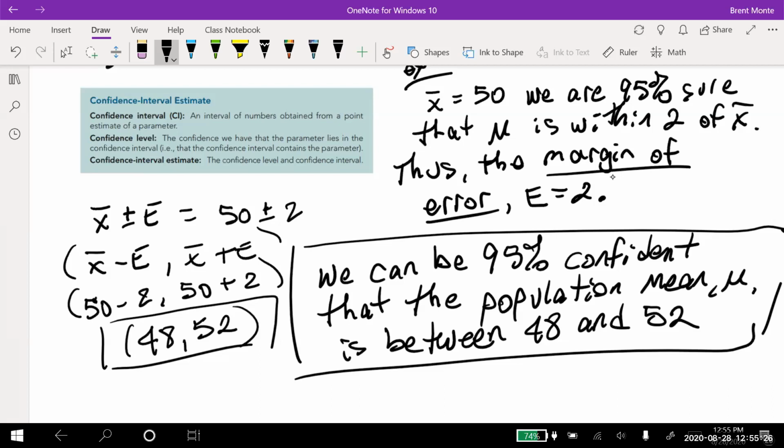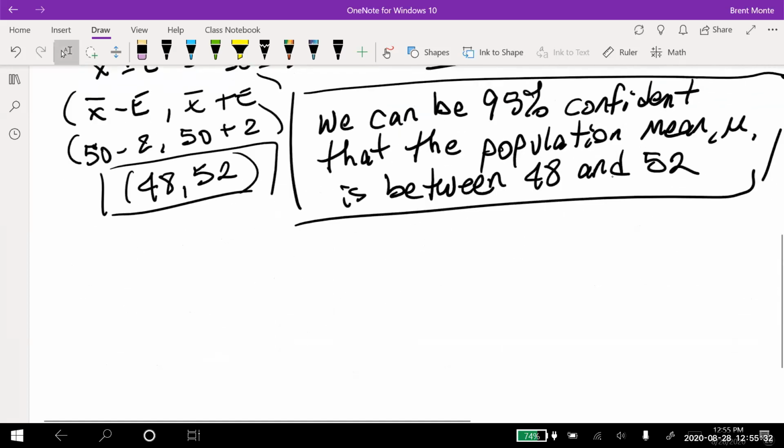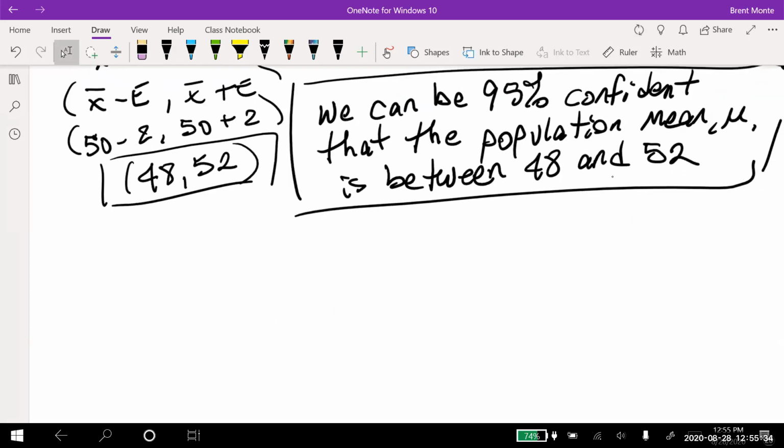Now, let's go from there. There is something I want to show in this that we're going to use a little bit later. Notice 95% confidence that the population mean is in there. That means there's a 5% chance it's not.